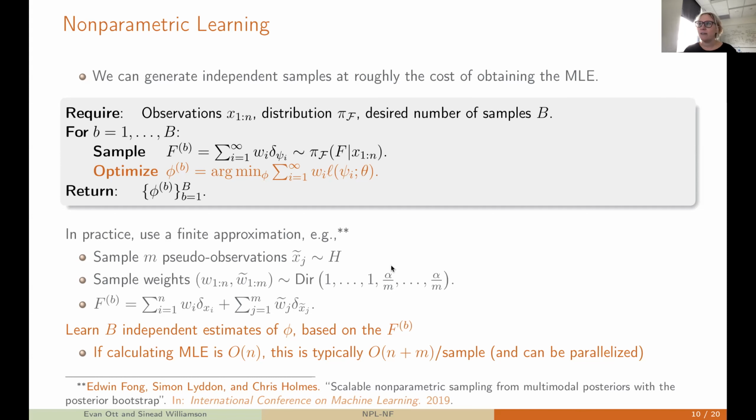Right, so if the number of pseudo samples is small relative to the number of observations, then it's basically going to be the same computational cost. And all of these can be parallelized. So if I have an unbounded number of computers to do this on, then I don't need to take any more time than I would for a standard MLE estimate.